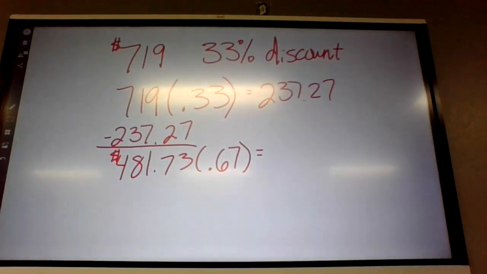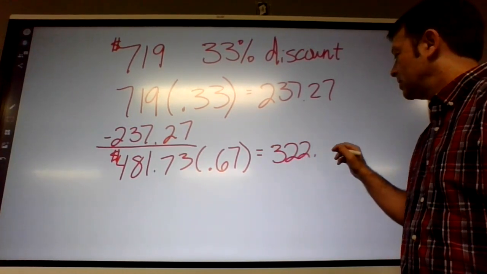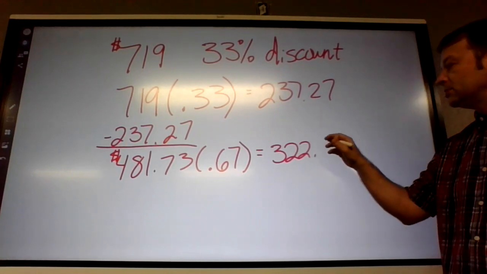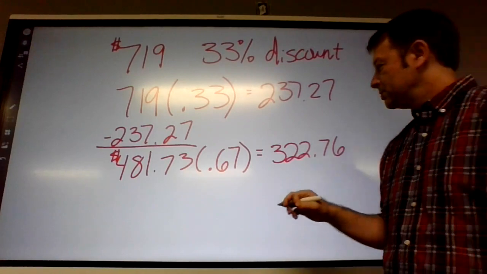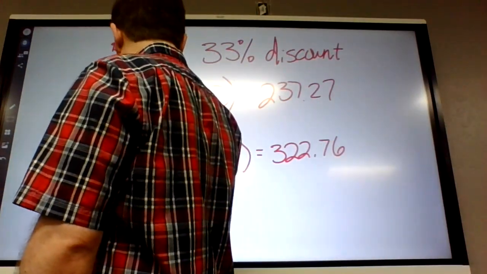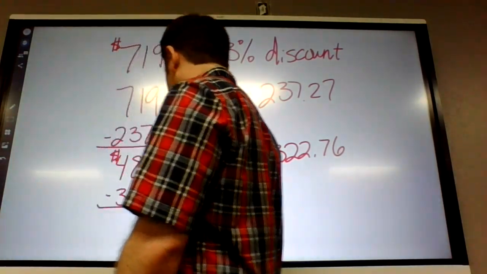Well, we're talking about money, so where should we probably round it? So that is a big price drop.